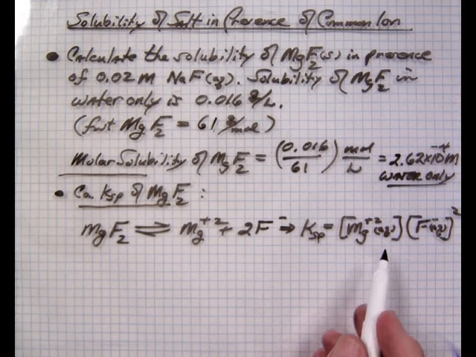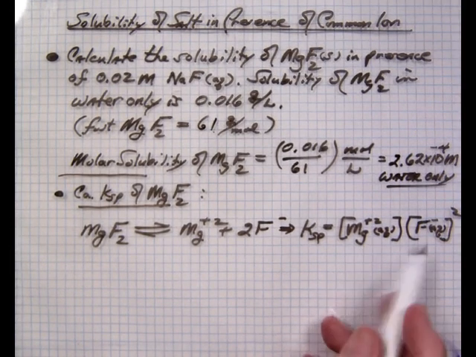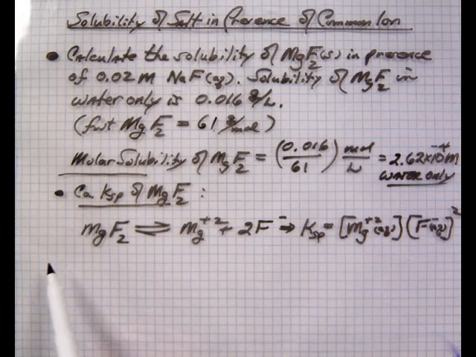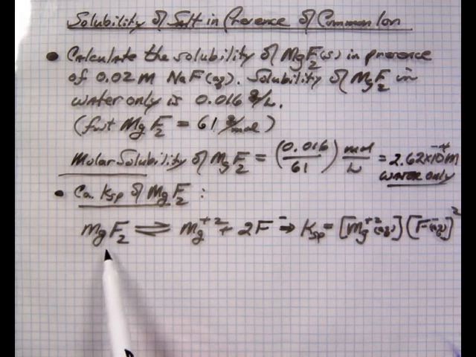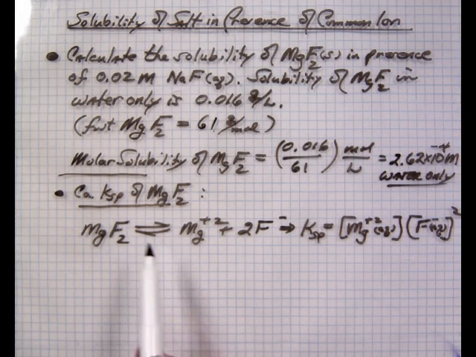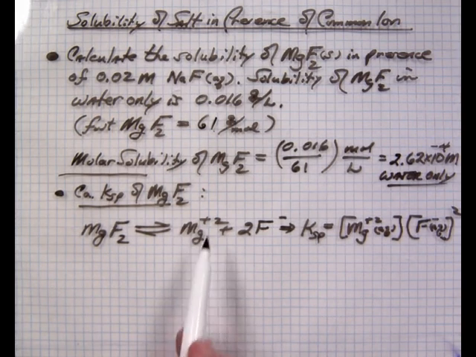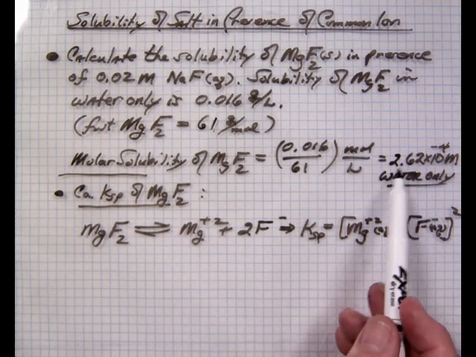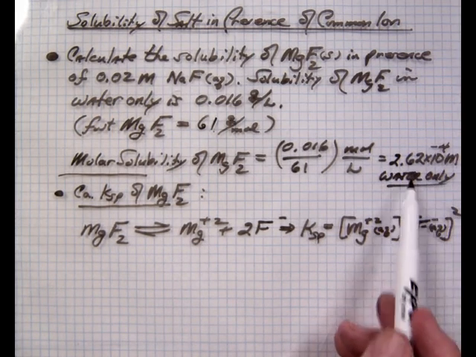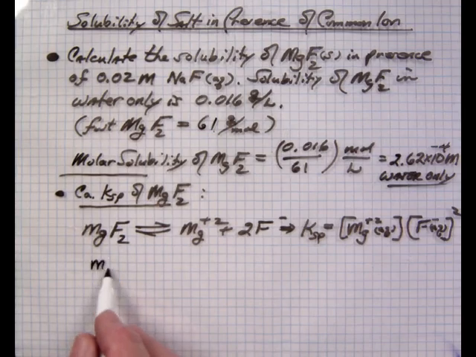So we'll need the fluoride concentration and the magnesium concentration. Whatever the solubility is for magnesium fluoride in water only is also the amount of magnesium only. So we can write in 2.62 times 10 to the minus 4 for magnesium.